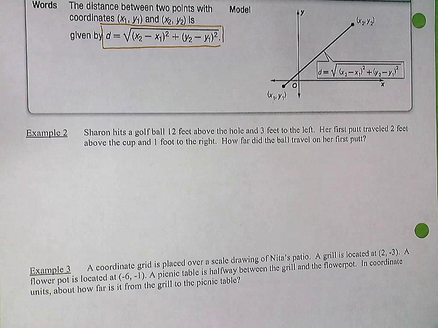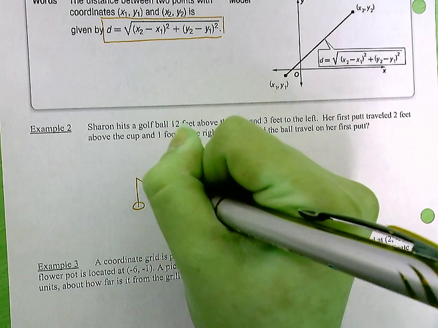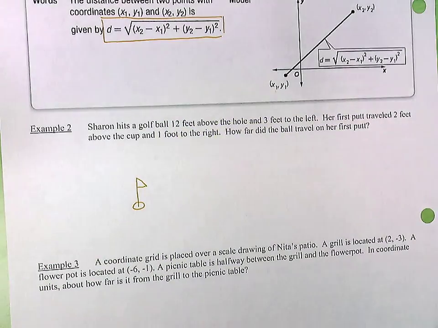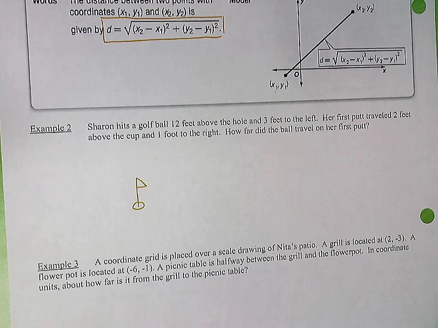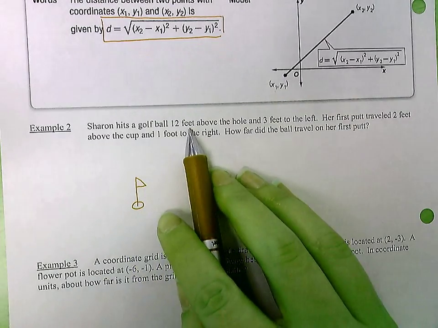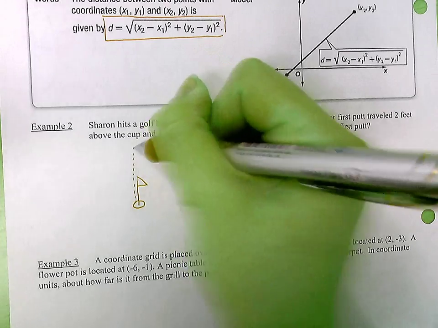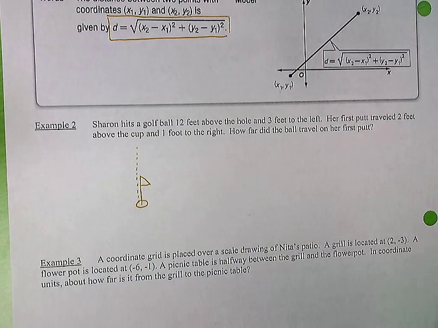Since she's putting, I'm going to draw a picture here. She hits the golf ball 12 feet above the hole. So if we look, 12 feet up.